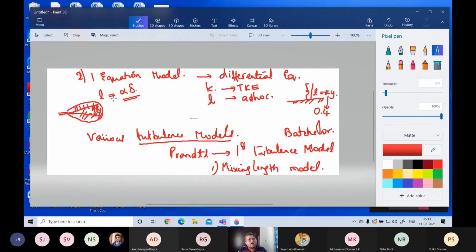You have a small experiment, and you develop an ad hoc relationship like this. This is for a jet, and this is for a boundary layer flow. You set up a condition like this, and then extrapolate it to the big flow you want to study, like flow over a ship, or a large jet, let's say flow coming out of a chimney. That is a jet: something is coming out and it is entraining into the surroundings.